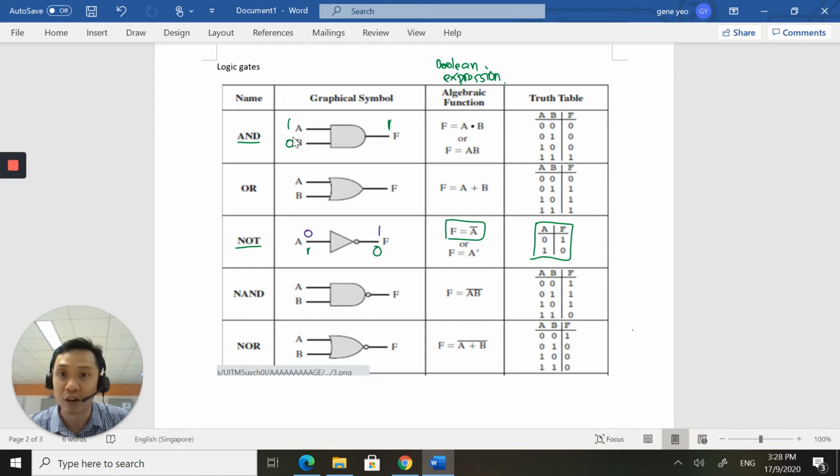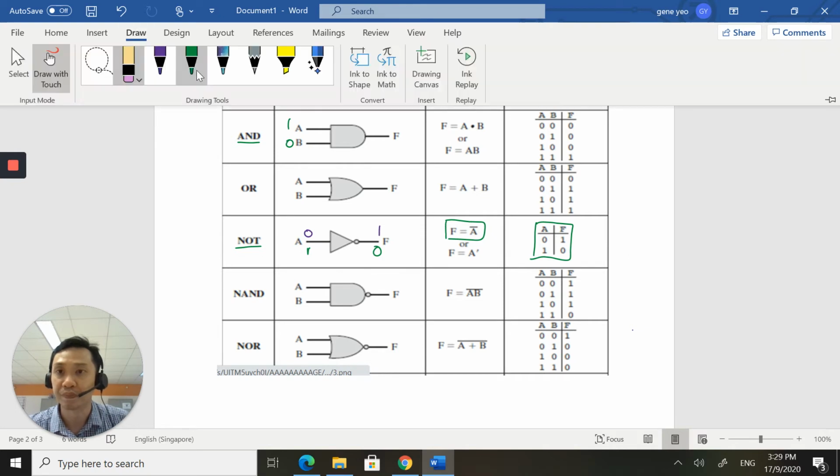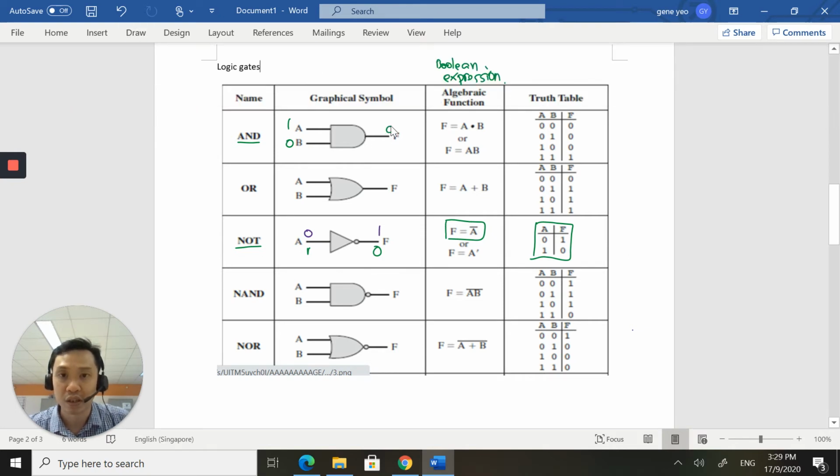If one of the inputs is a low, then the output will be a low. Okay, so both inputs need to be high. Input A and input B high, then it will give me a high output. Otherwise, so long as one of the inputs is a low, it will give me an output low.